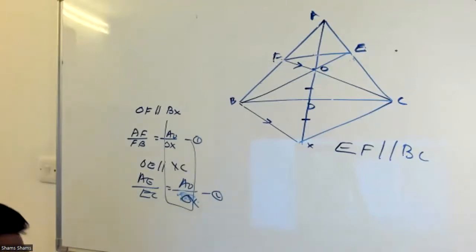Then by the converse of the basic proportionality theorem, FE is parallel to BC. FE parallel to BC.